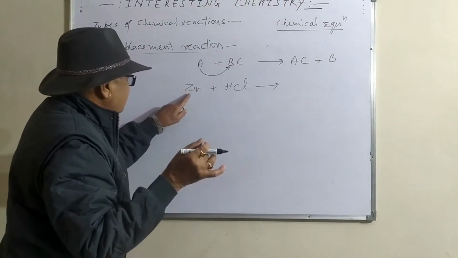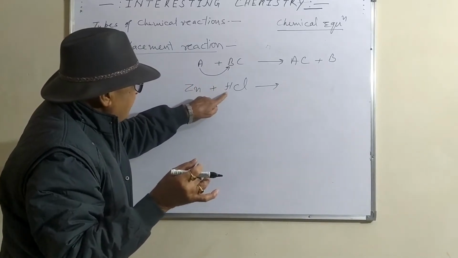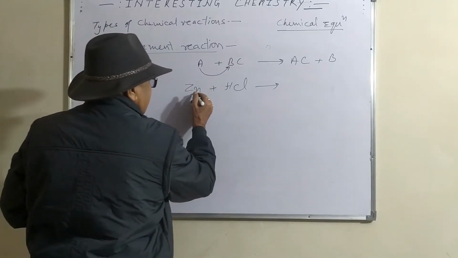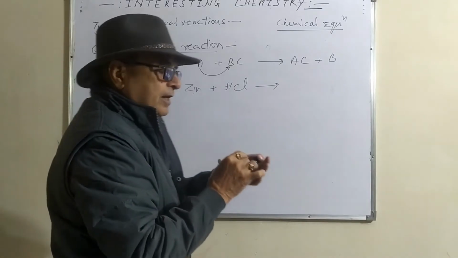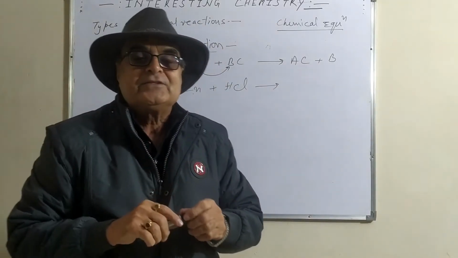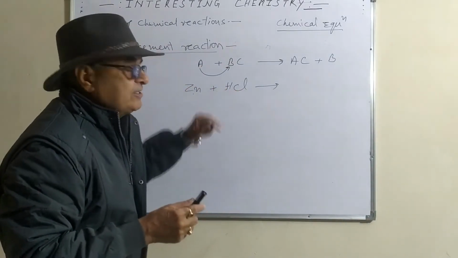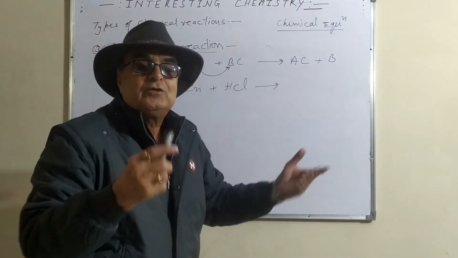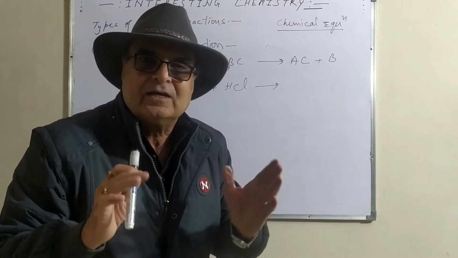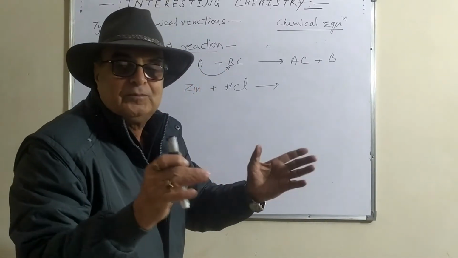So here Zn will replace this hydrogen. Suppose I tell you to write the equation when Zn is treated with HCl. You will write Zn plus HCl. Then write the product of this reaction. What will be the product?